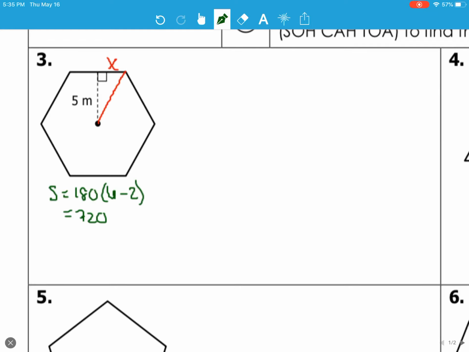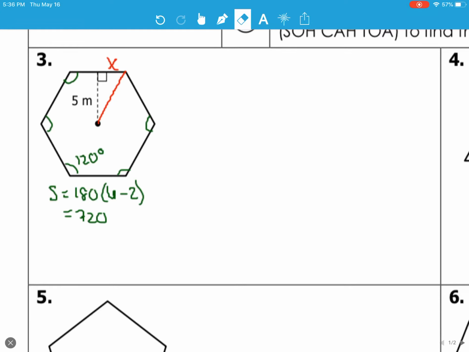Now, I also know, since this is a regular hexagon, that all the angles inside of this hexagon are congruent. So I can take that 720 degrees and share it evenly amongst the 6 angles and find out that one angle is 120 degrees.